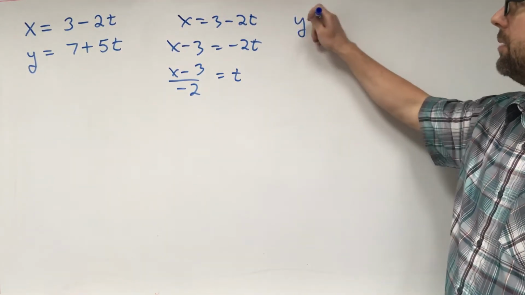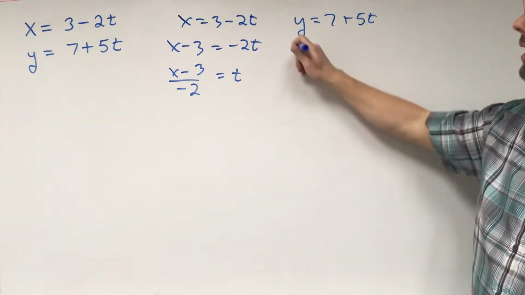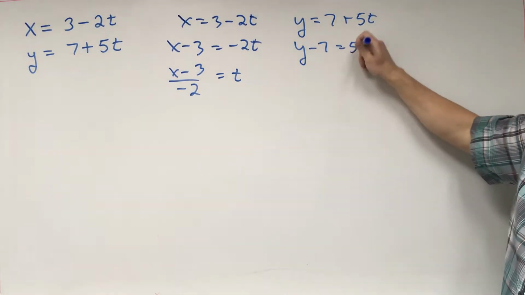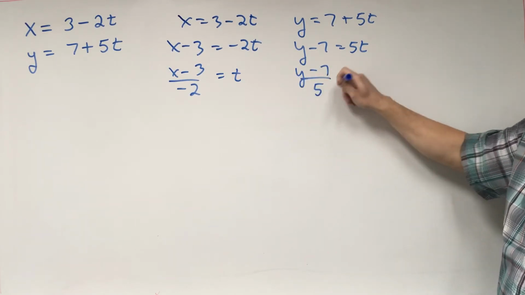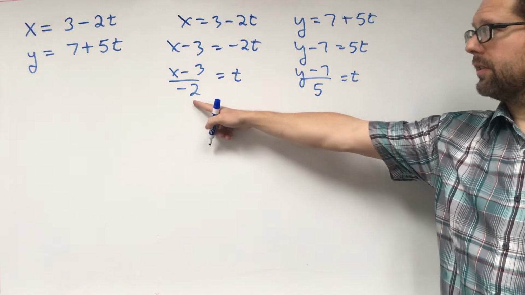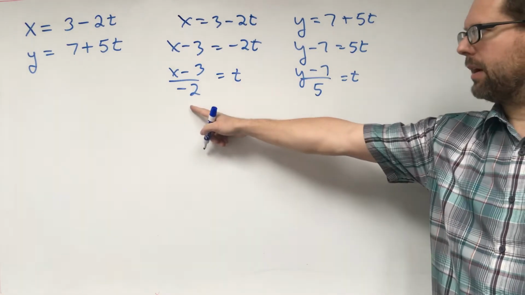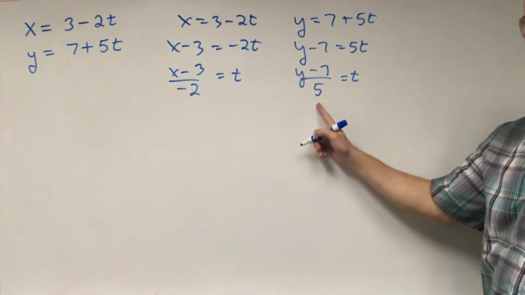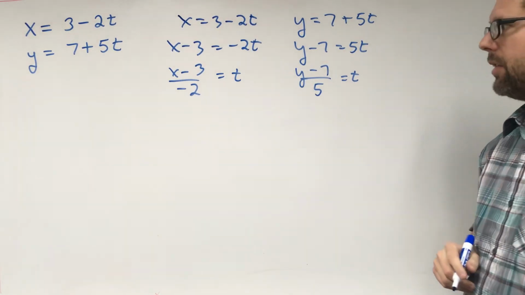Likewise, because I know y is 7 plus 5t, I'll subtract 7 and divide by 5. Because I know that t is equal to both this expression and this expression, both x minus 3 over -2 and y minus 7 over 5, I know that those two expressions are equal to each other.